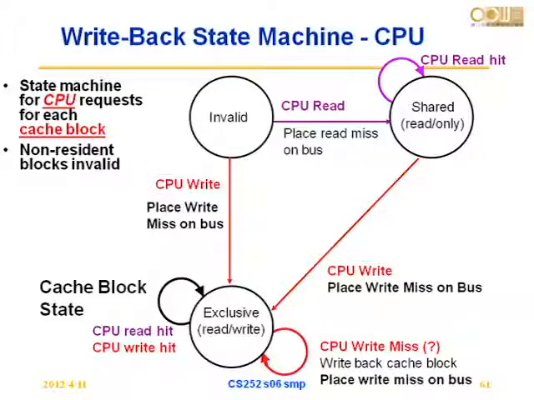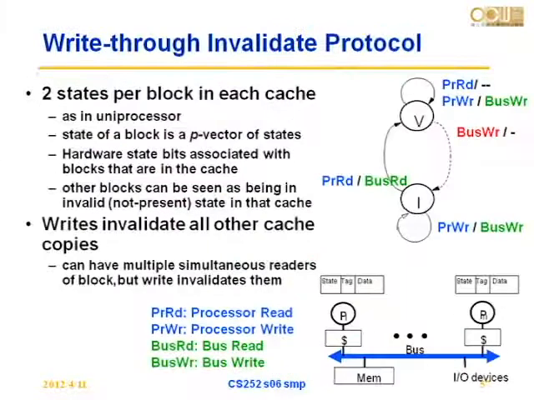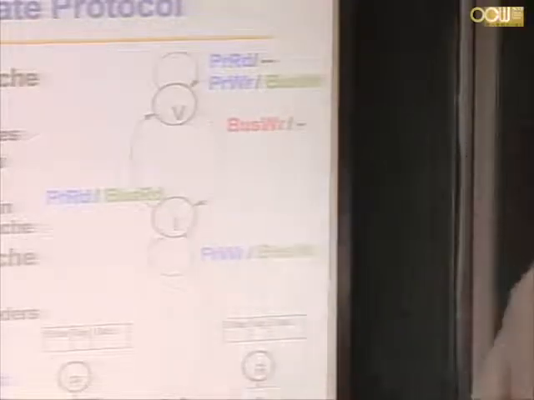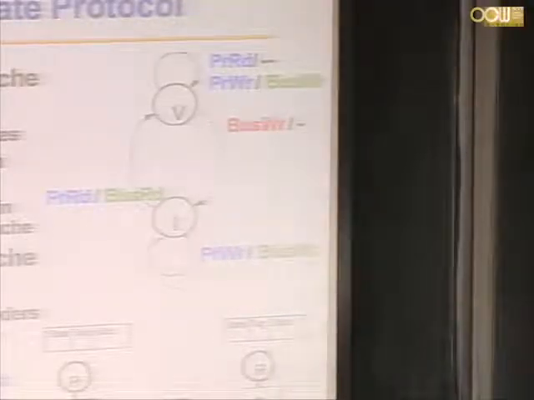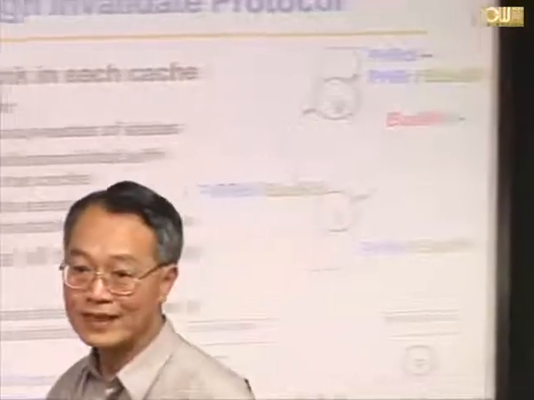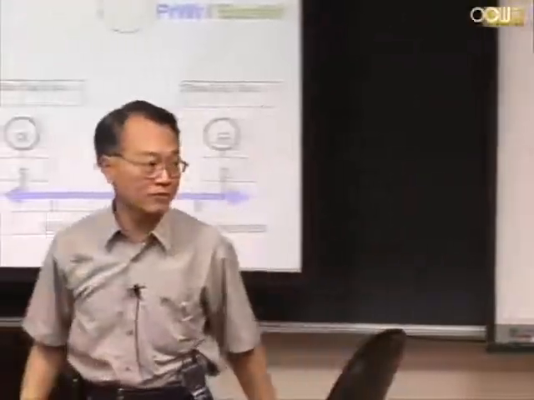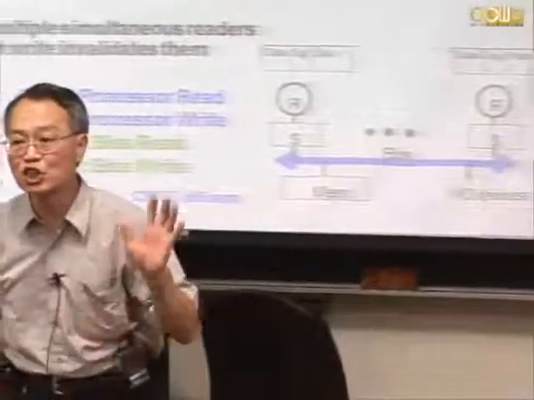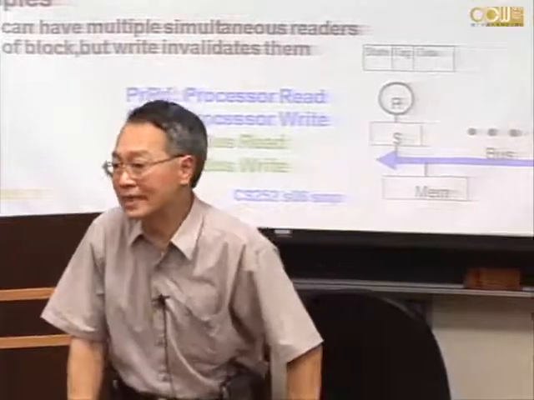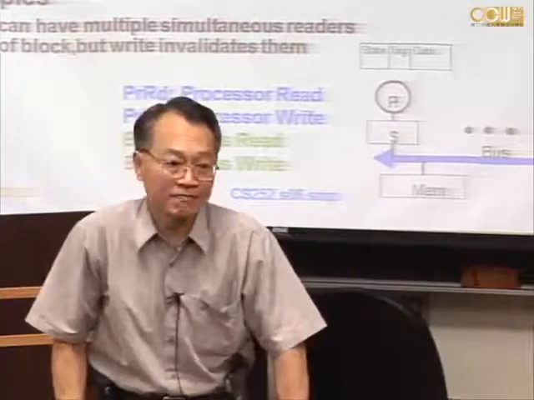Okay, let's go back a little bit. This is a similar diagram, but this diagram has only valid and invalid states for the caches. So tell me, how many states can we have? Invalid, shared, exclusive. How many states should we have?